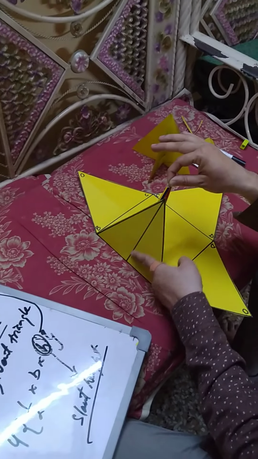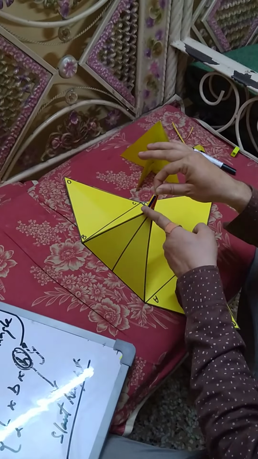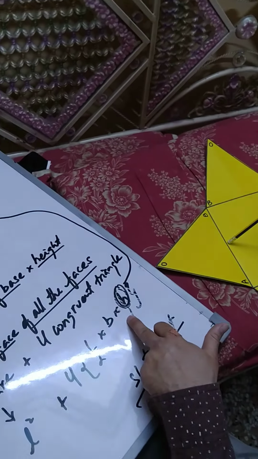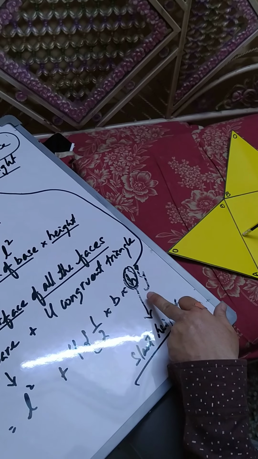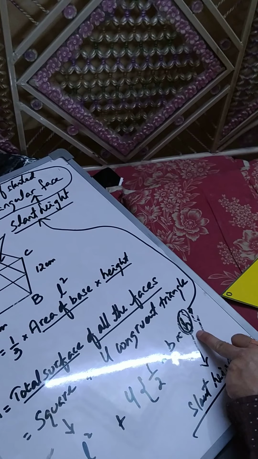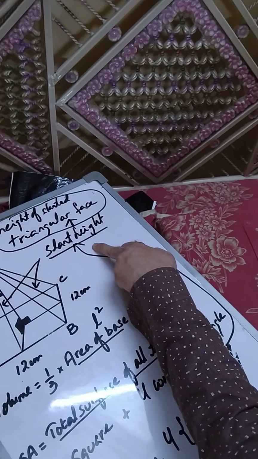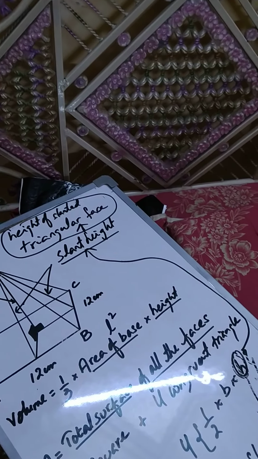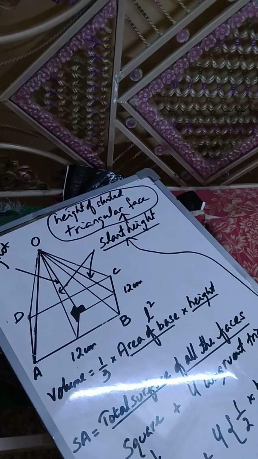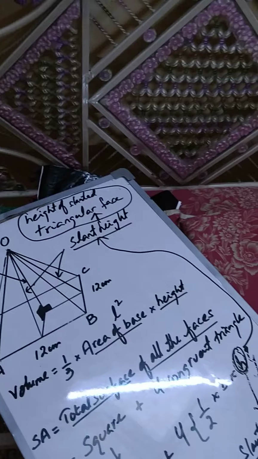So remember, when we calculate the total surface area, we will use the slant height. Okay guys, I hope I made it clear to you.